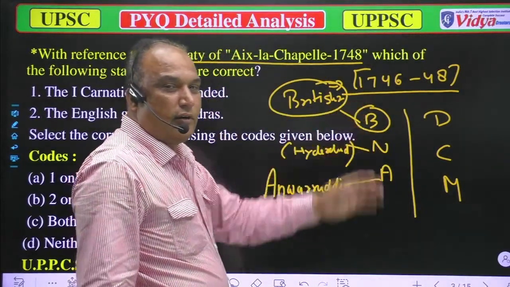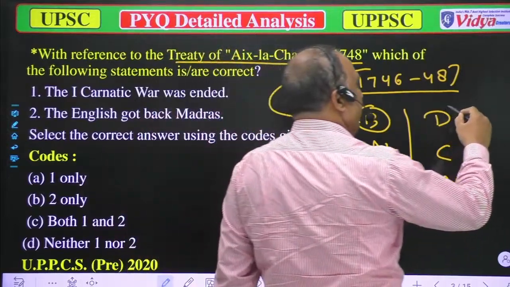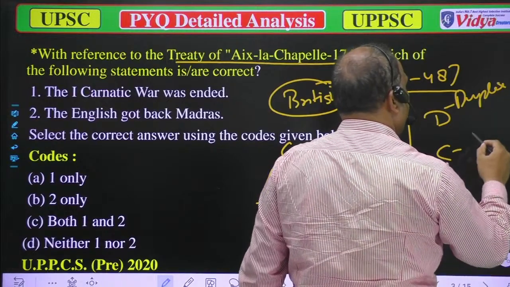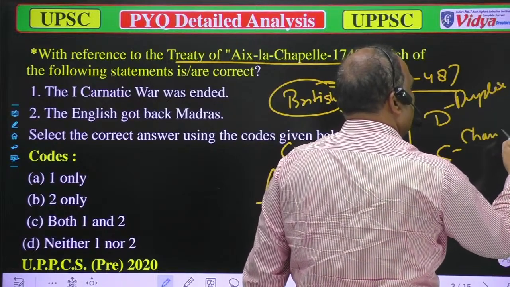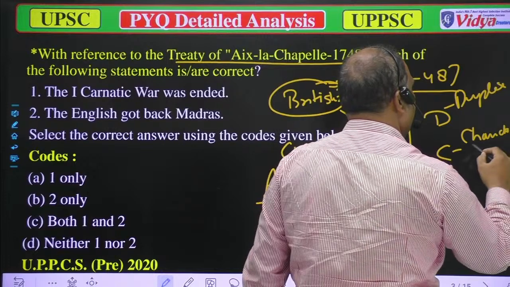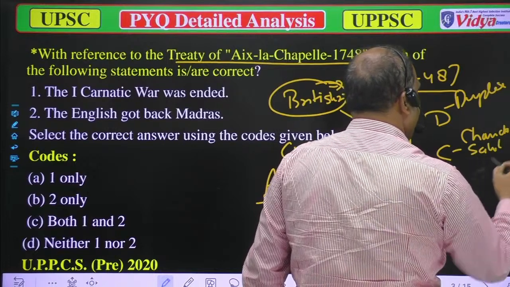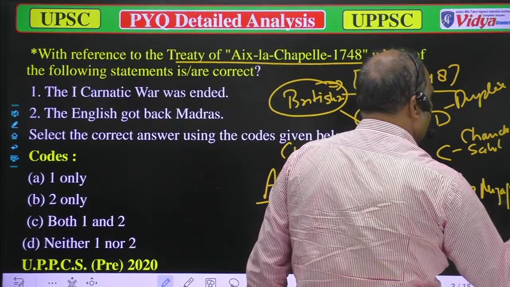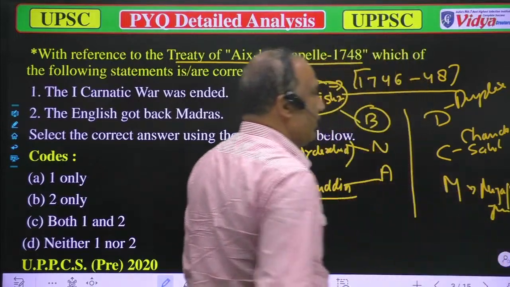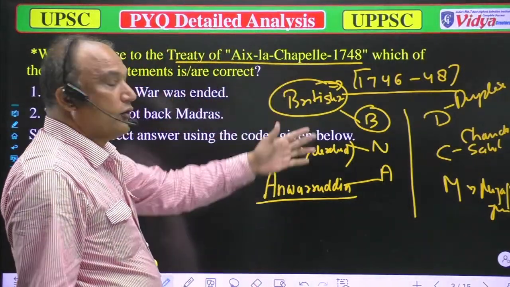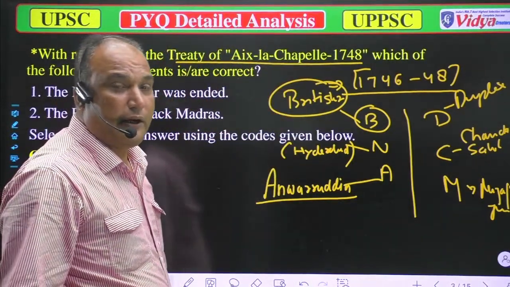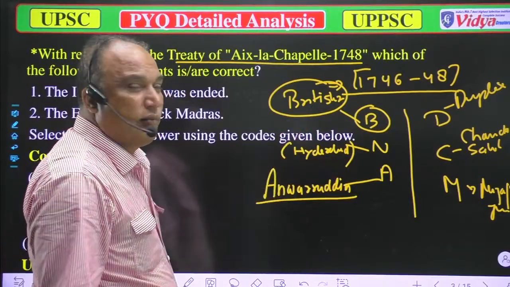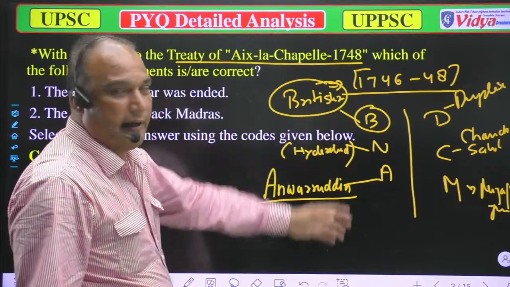On the second side, D means Dupleix, C means Chanda Sahib, M means Muzaffar Jung. So these three parties were on one side, and on the first side there was BNA.